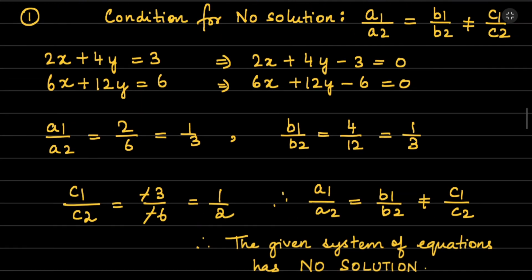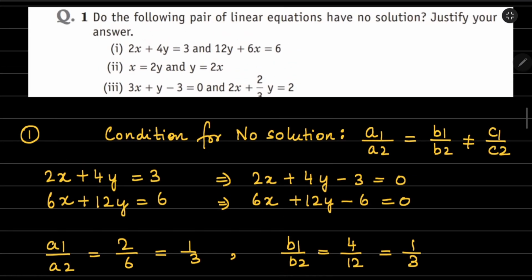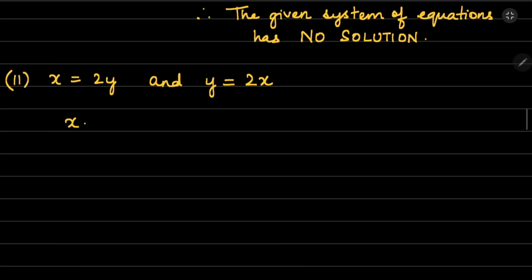The second question is x is equal to 2y and y equal to 2x. We can write x minus 2y equal to 0, and 2x minus y equal to 0.